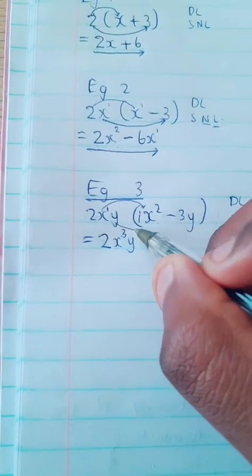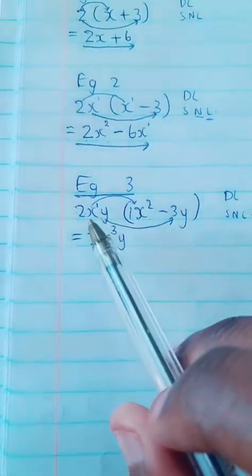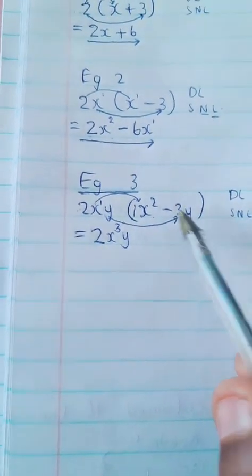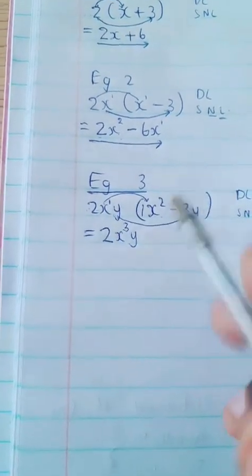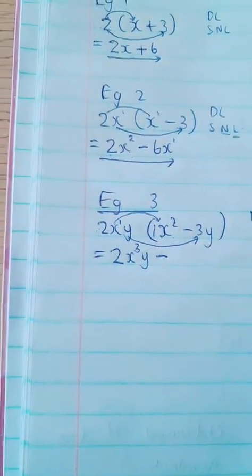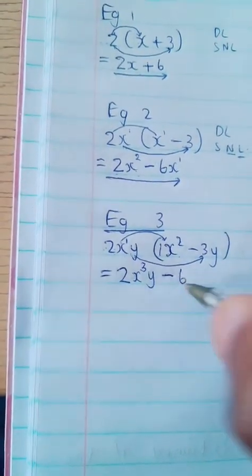Then we take 2xy, we distribute it to negative 3y. 2xy times minus 3y. The 2 is positive, the 3 is negative. What's positive times a negative? Negative. Then number 2 times 3, that is 6.